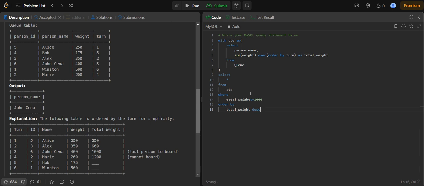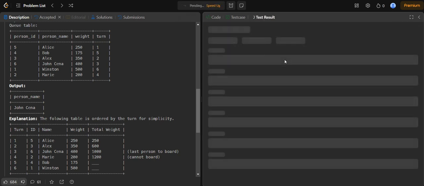I need the total weight which is just less than 1000 to be at the top row so that I can apply the limit condition, limit 1. Then I filter only the person name. This query is now complete and I can run this query and it will get accepted.